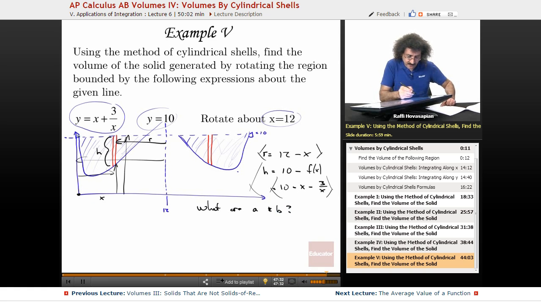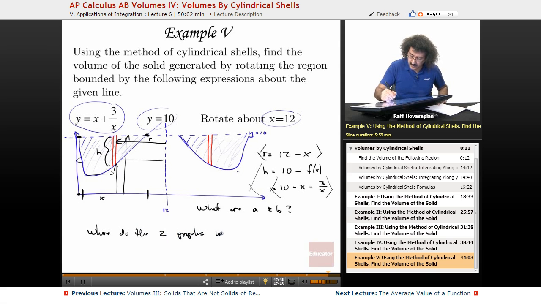Well, I'm going to integrate from where the two graphs meet, the x value of this one and this one. So where do the two graphs meet? Well, just set them equal to each other. x plus 3 over x equals 10, and solve.